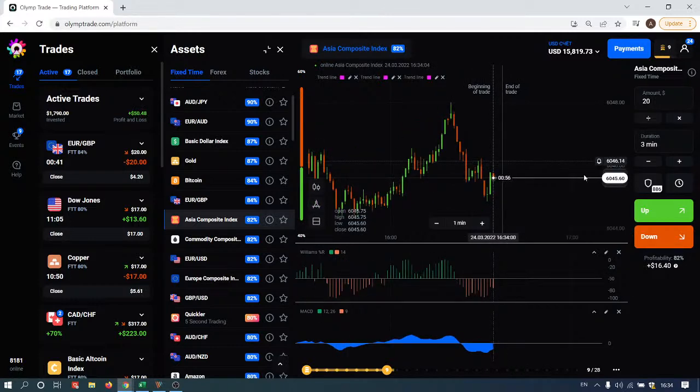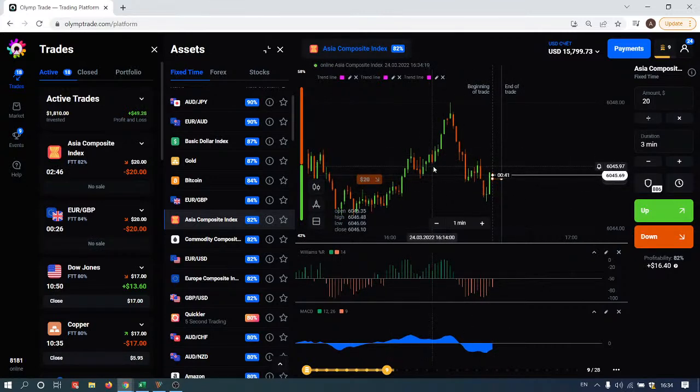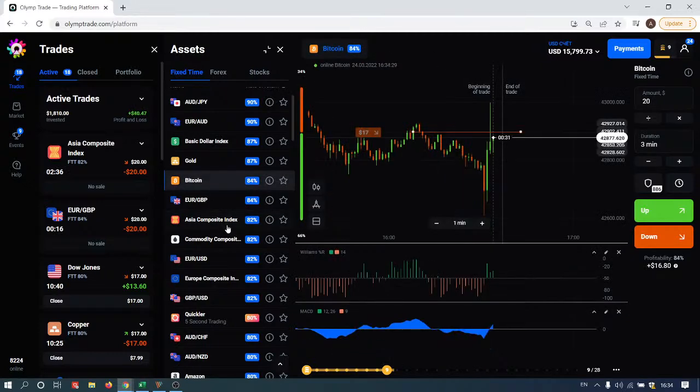So that's okay, every trader finds something that works for him, and this is why we have so many trading strategies on our platform, because everyone can choose what they want. There are no two same traders. Everyone is a little bit unique, right? We have a slightly different view on the markets.